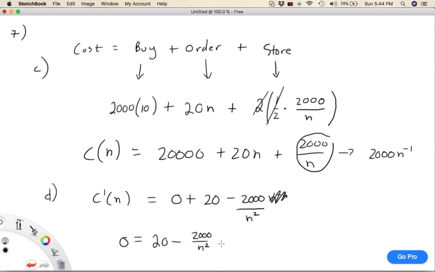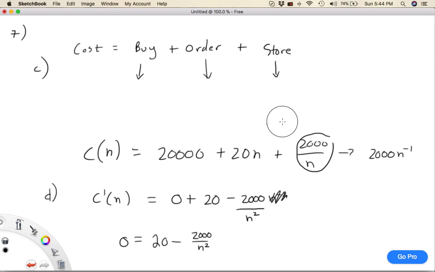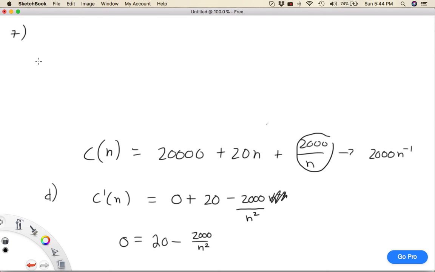We add the 2,000 over n squared to both sides. Actually, I'm going to erase a little bit here. Okay, so we're going to move back up to the top here.